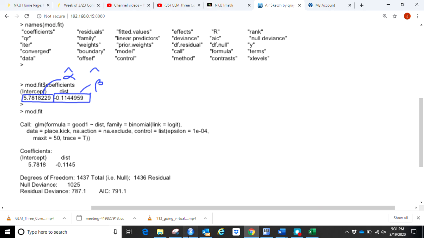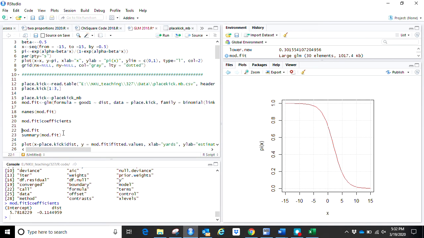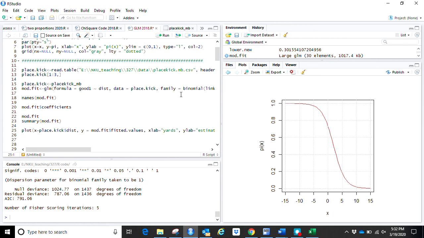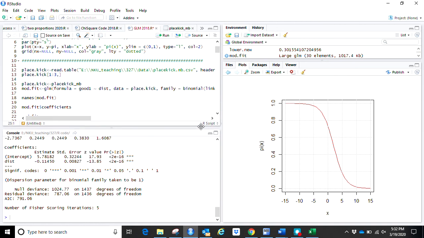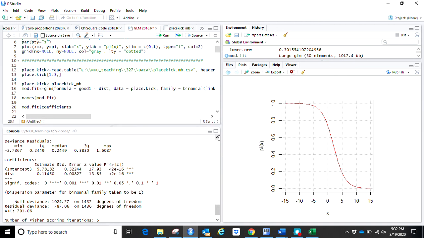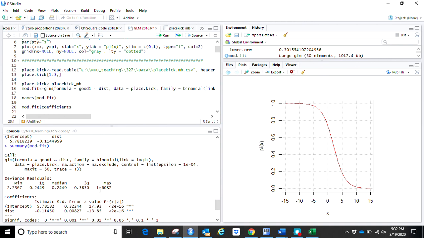Another way I can get my estimates of alpha and beta is just to ask for a summary of this mod.fit. So summary is a function, so you can't change the name of it. Again, mod.fit because that's what I stored it into. So when I run that code, all right, it calls the function.